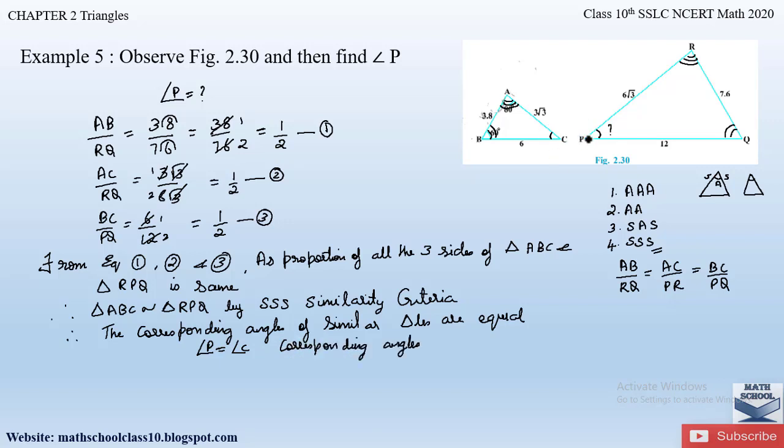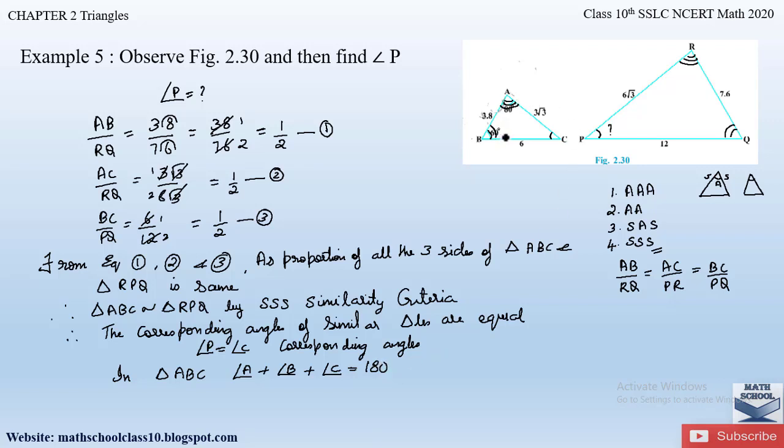Now since we have to find out angle P, which is equal to angle C, in the triangle ABC, if you observe, two of the angle values are given, that is angle A is 80 degrees and angle B is 60 degrees, whereas angle C value is not given. If we know the angle C, then angle C is equal to angle P, then we can also know the value of angle P, right? So you also must be knowing in triangle ABC, angle A plus angle B plus angle C is equal to 180.